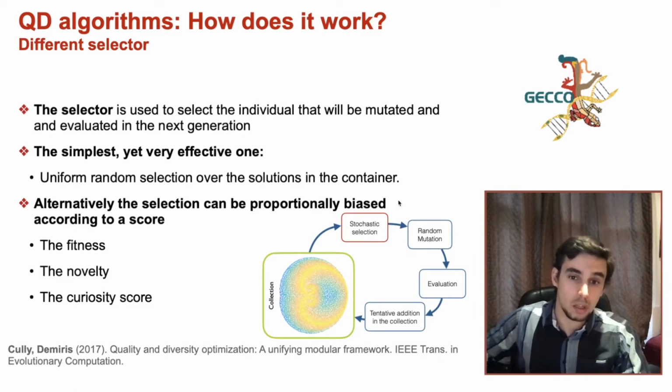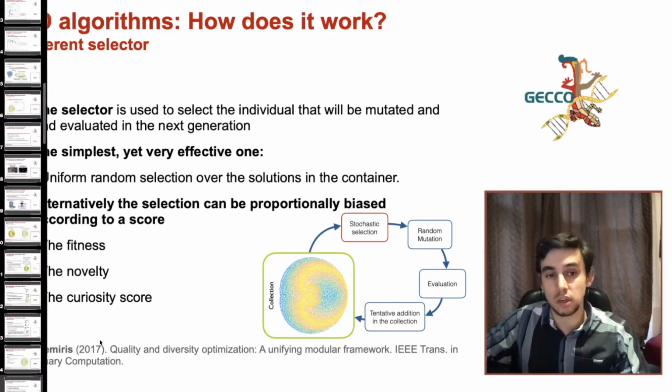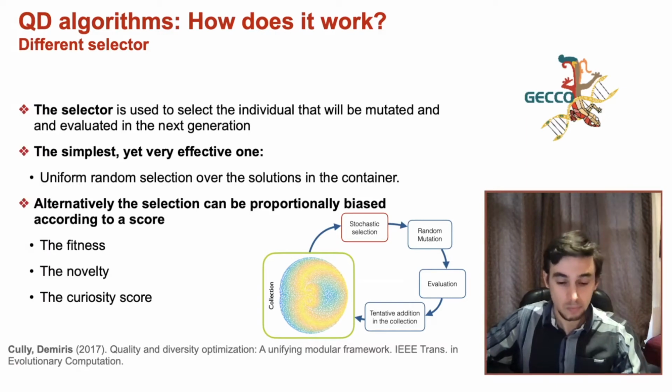The second block of this loop is the stochastic selection. The other blocks of this main loop, especially the random mutation and the evaluation, are very common to standard evolutionary algorithms. And the tentative addition to the collection is directly related to the addition mechanisms that I just introduced for the grid container and for the unstructured archive.